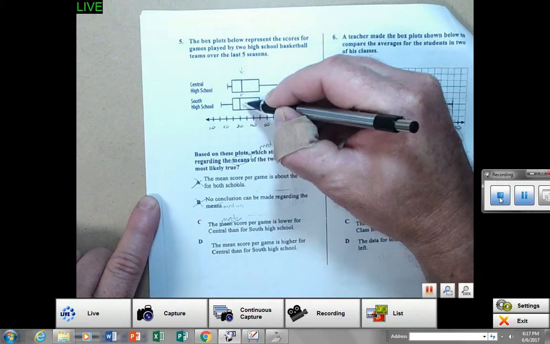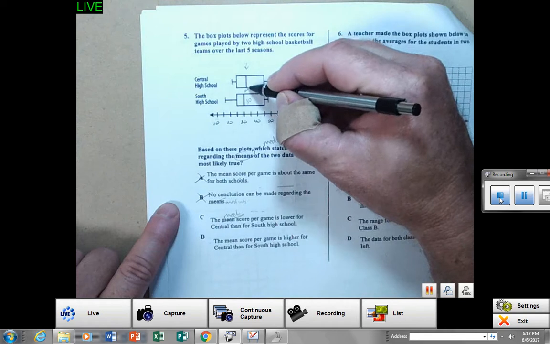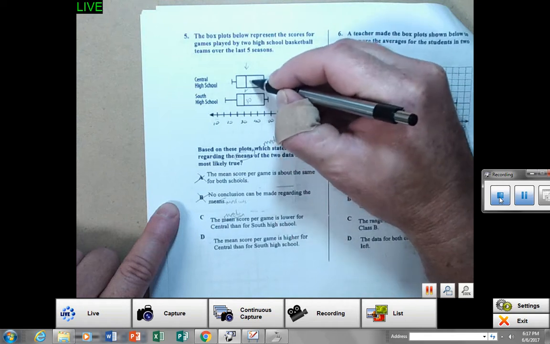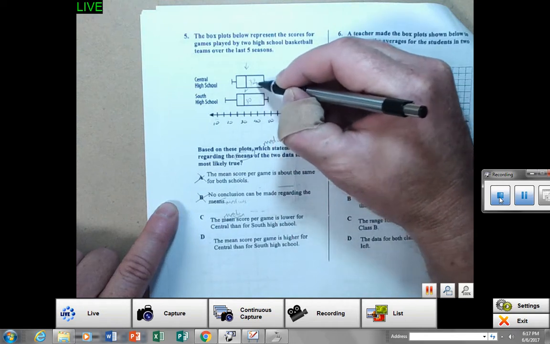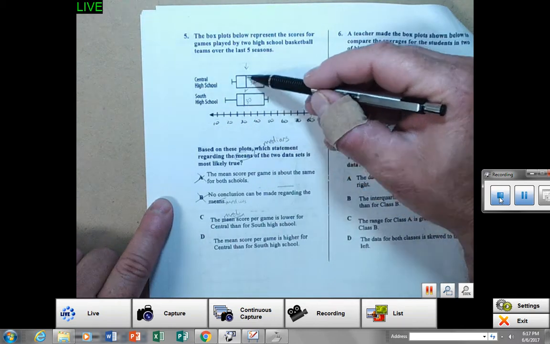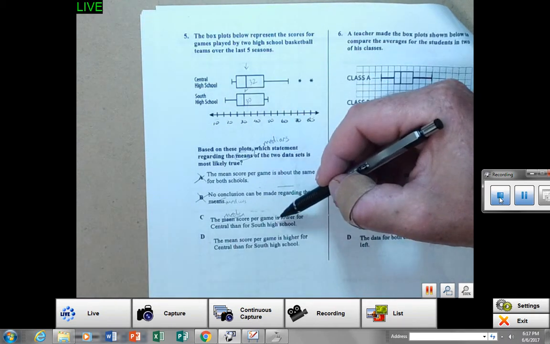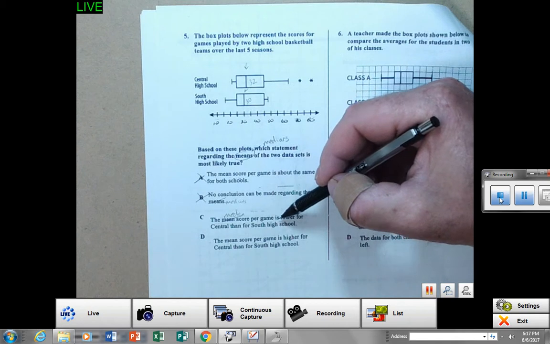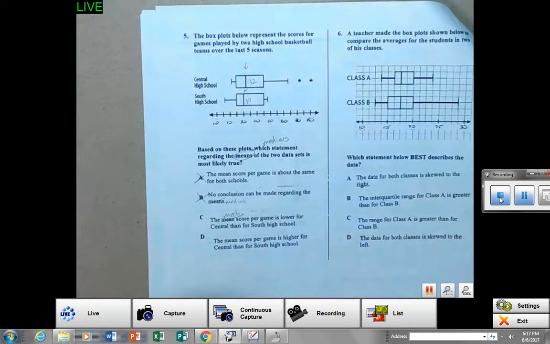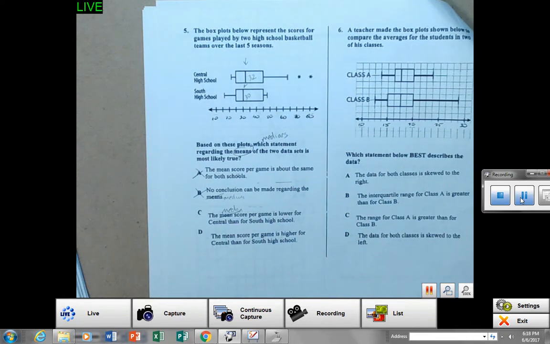If I look at the median of Central, it looks just past 30, maybe about 32. So with South High School at a median of 30 and Central at 32, the median score per game is not lower for Central. That one is not true.